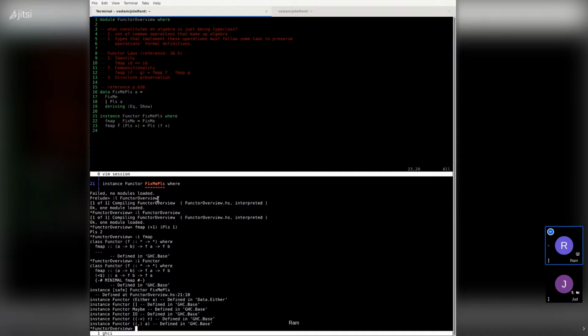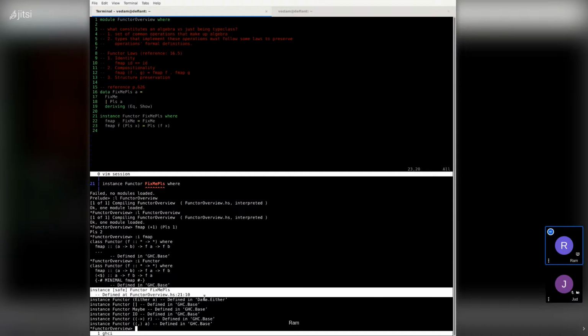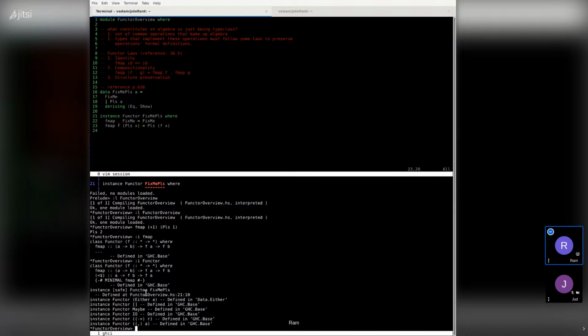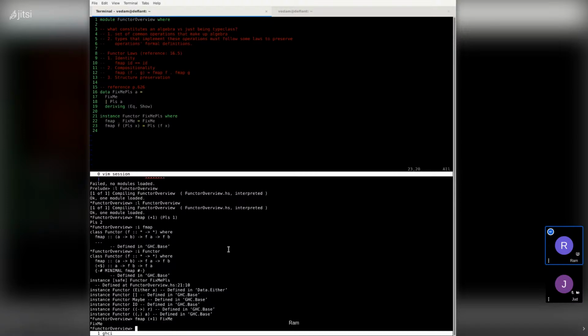We can see that our functor has been registered correctly, and since we can use it, we can clear it up. And if we call +1 on Fix Me, you'll see it'll just return. It won't do anything.